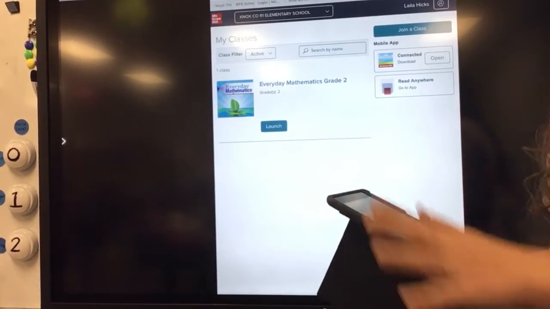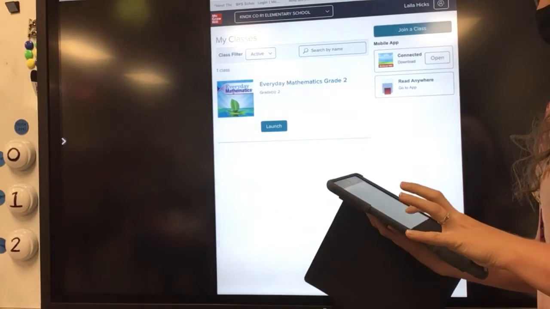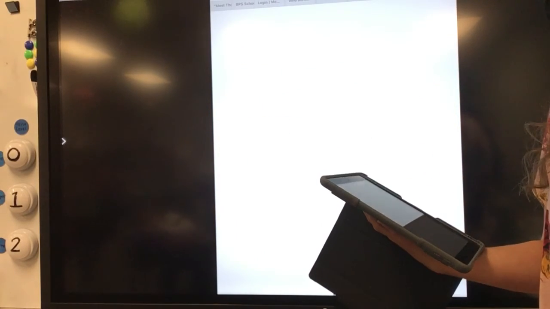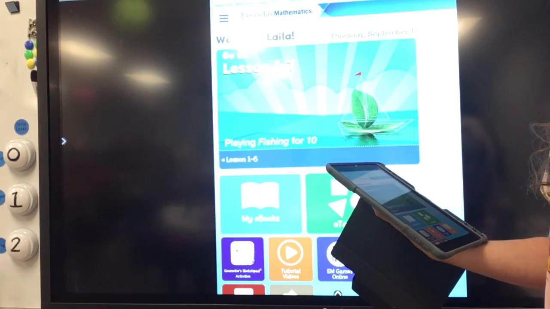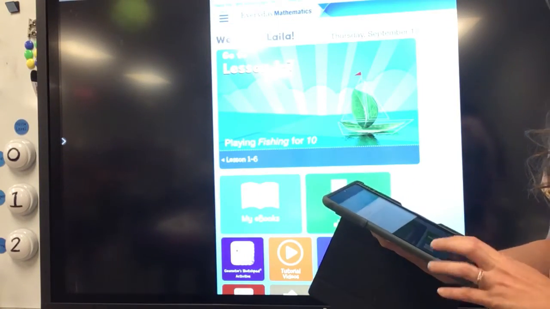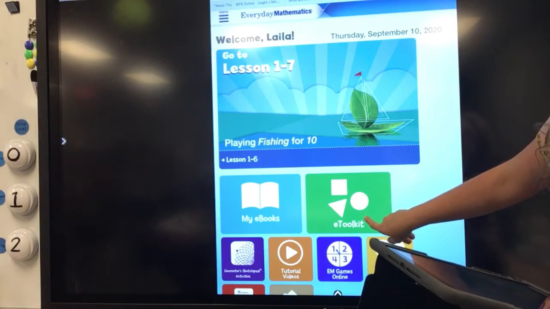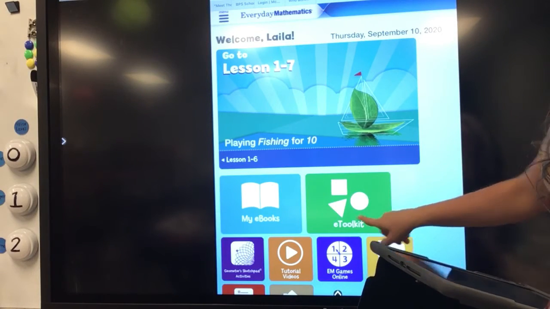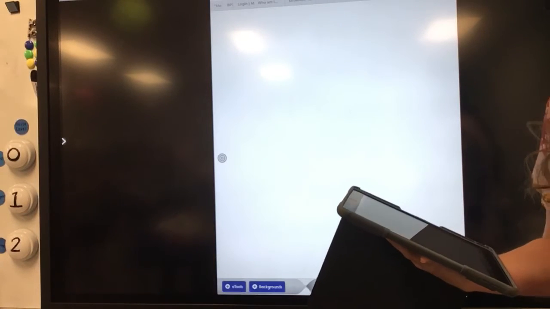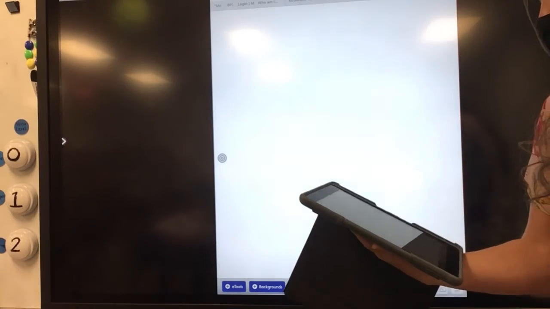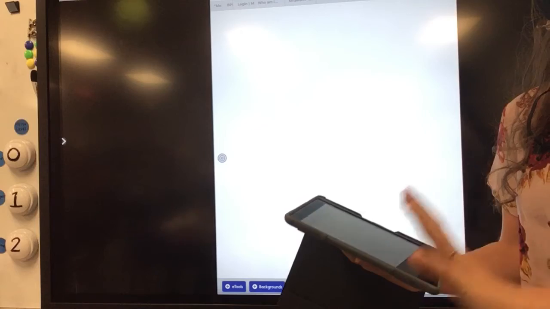Okay? All right. Once you guys get to this page, you're going to click Launch. Okay, so you click Launch. Then you're going to click eToolkit. Okay, once you've got that, I can now explain the game.